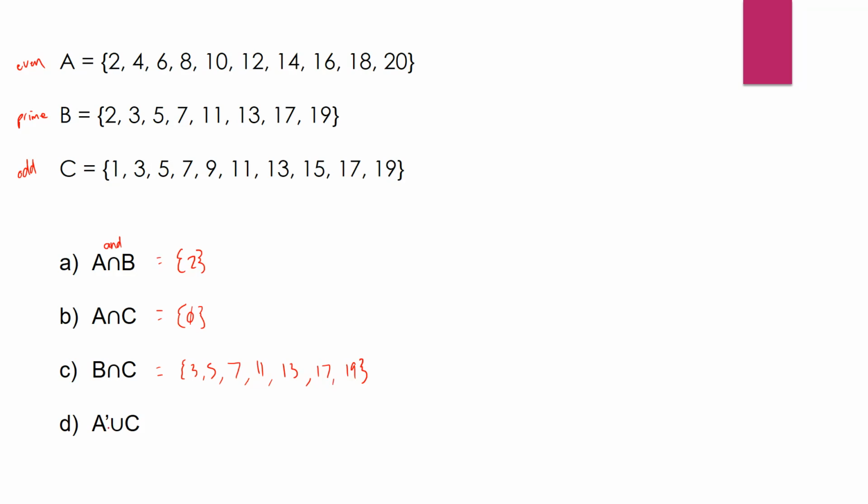And everything that's not in A, which are even numbers, is going to be the odd numbers, union C, which are the odd numbers. So it's going to contain all the odd numbers between 1 and 20 inclusive. So hopefully you came up with this list for A complement union C.